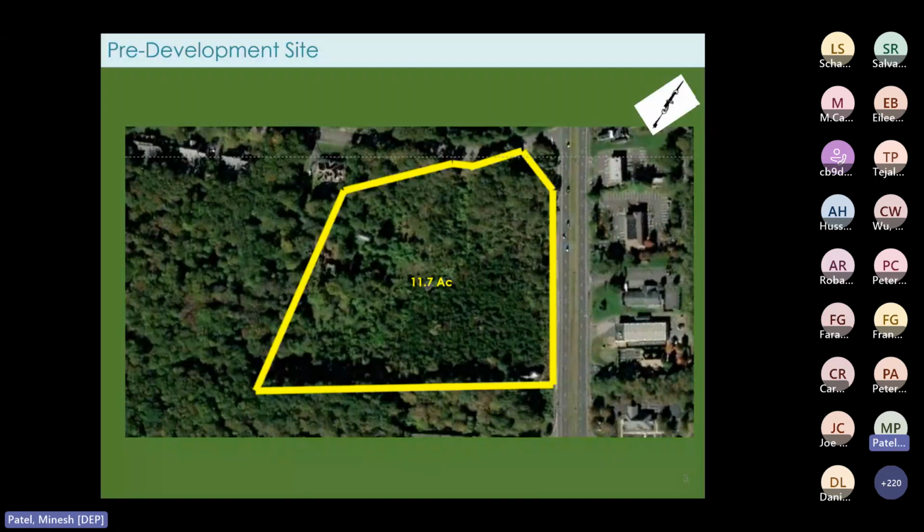So let's take a look at what's going on in our example. We'll start with what the site looks like, what the pre-construction conditions are, and what the existing land cover is. The property in question is a site covering roughly 11.7 acres that is primarily undeveloped and wooded. It contains the abandoned ruins of a single-family residence and related outbuildings on the northwest portion of the site.